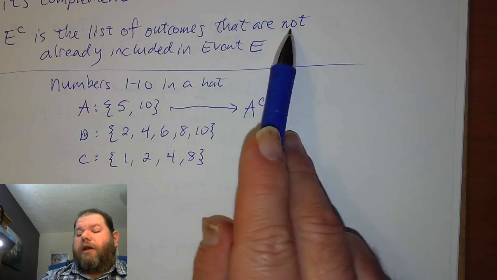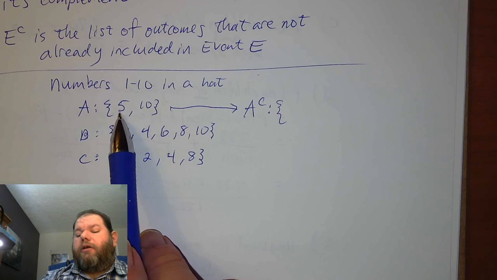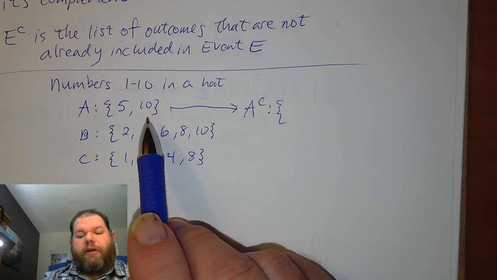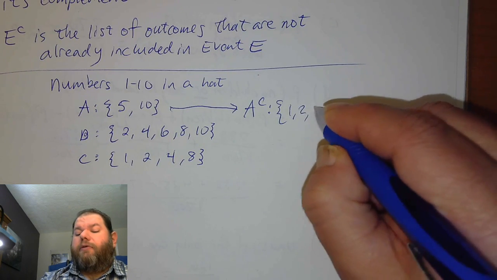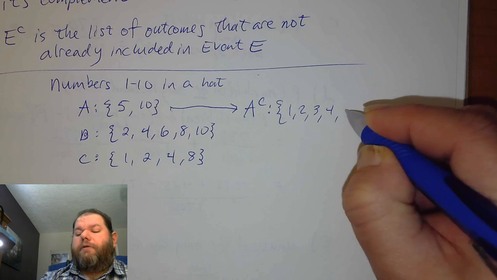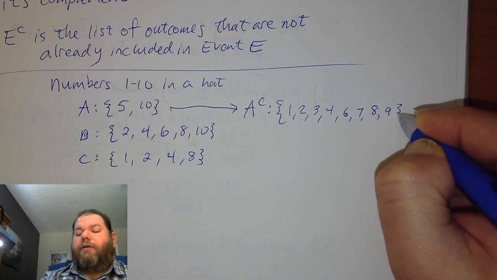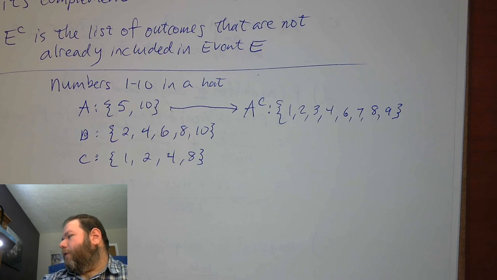Well, if we include everything that's not already included in event A, A has 5 and 10 already, so we want everything besides 5 and 10, which is 1, 2, 3, 4, 6, 7, 8, and 9. So 8 values, yes.